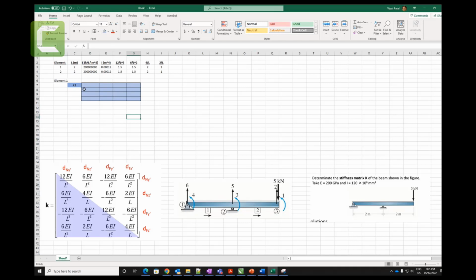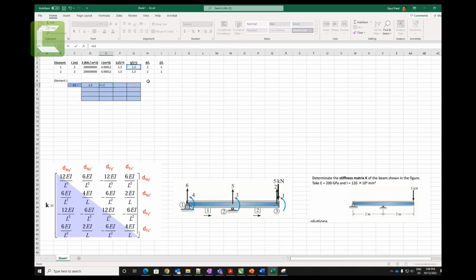So first thing first, 12 on L cube. I put EI outside, equal to 12 on L cube, this one. There you go. Let's put everything in the middle. Equal to 6 on L square, and this is element number 1.